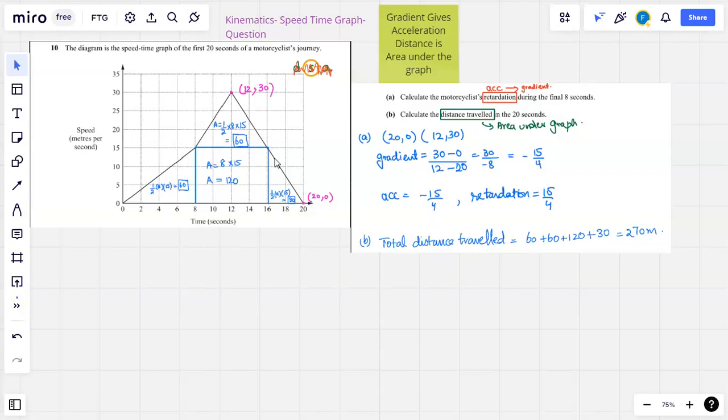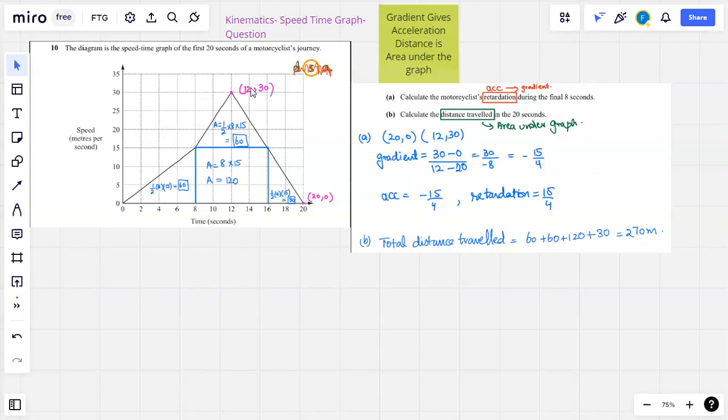Since we have to find the acceleration, and deceleration or retardation is basically acceleration, we will use the gradient formula to find it. For that we need 2 points, and since this is the start of the deceleration, we will take this point. The value of x on this point is 12, and the value of y is 30.